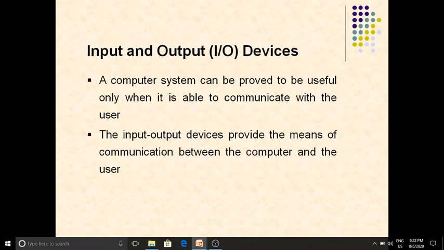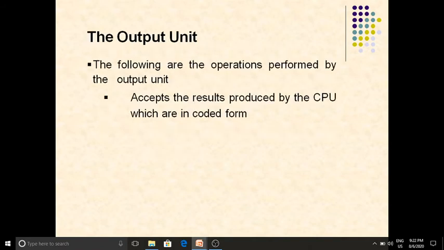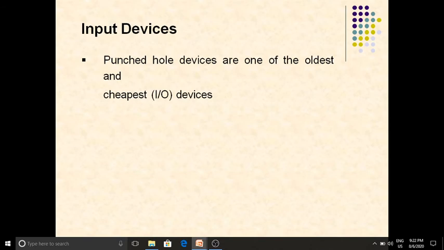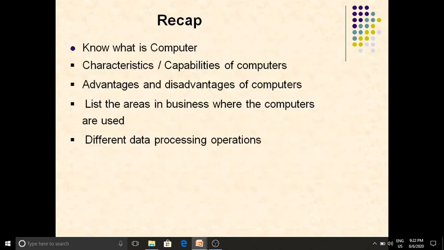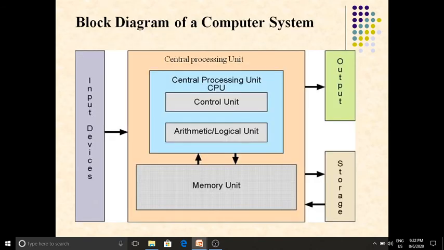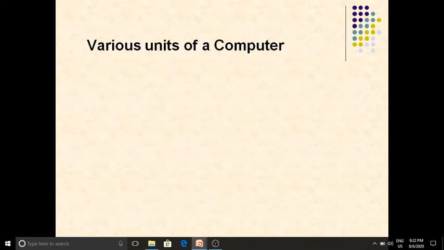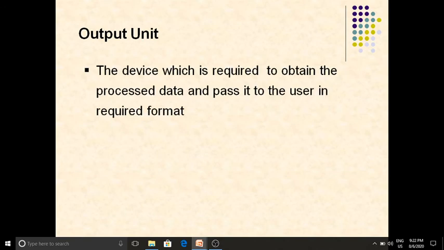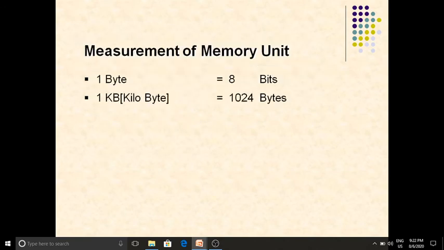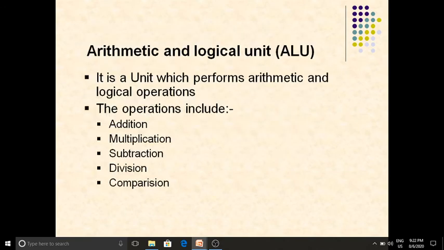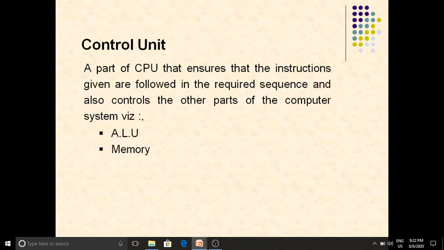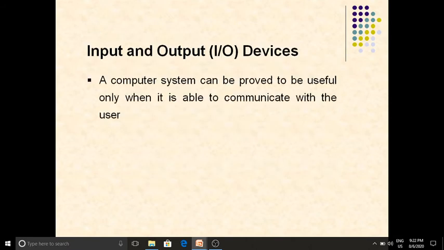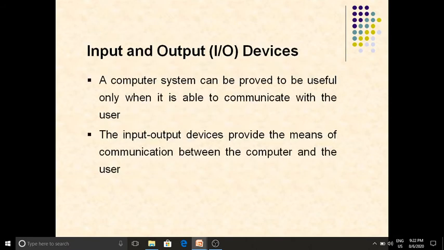So what are the input and output devices we have? Till now we were discussing the block diagram of a computer, and the various units of the computer system. Now we'll be discussing the next topic, input output devices.